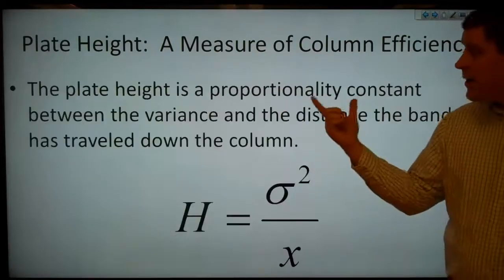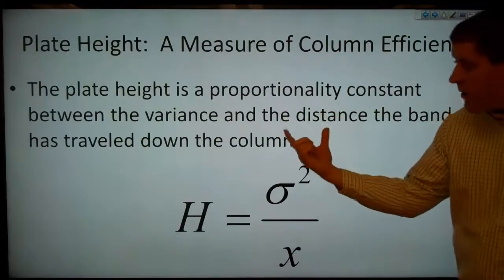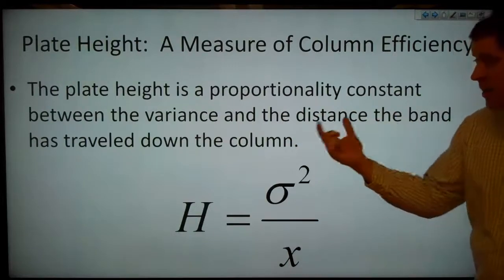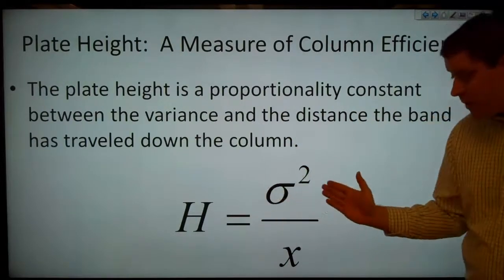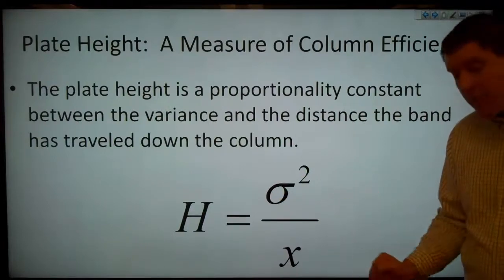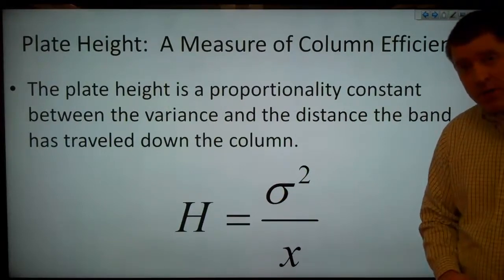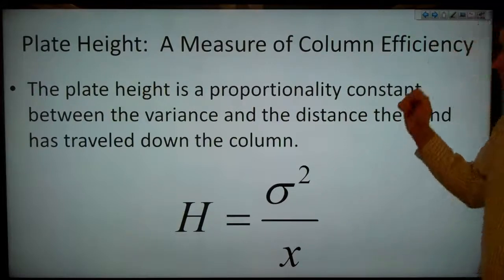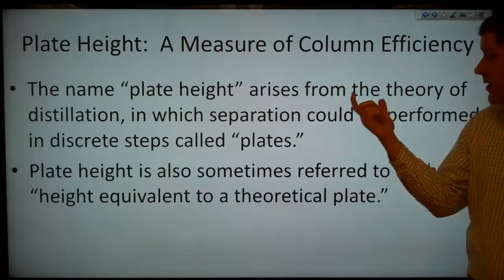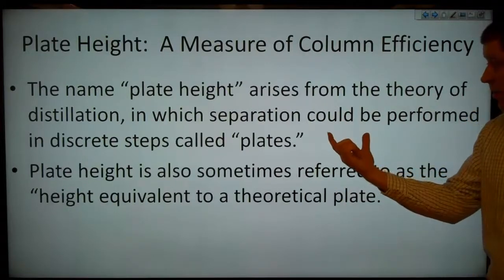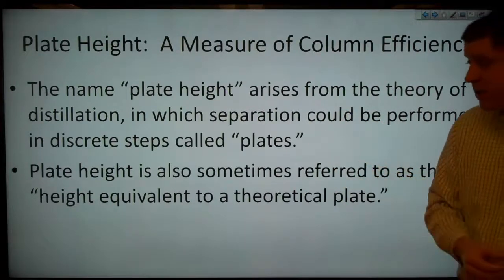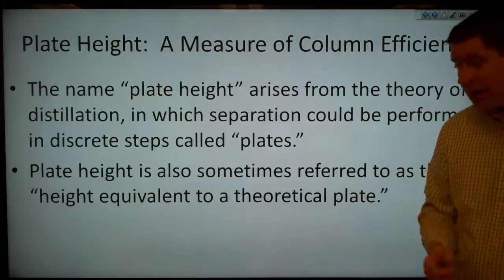Now the plate height is a proportionality constant between the variance and the distance the band has traveled down the column. That means that H is equal to the variance, sigma squared, divided by the distance down the column the solute has traveled, x. Now the name plate height arises from the theory of distillation, in which separation could be performed in discrete steps that were called plates.